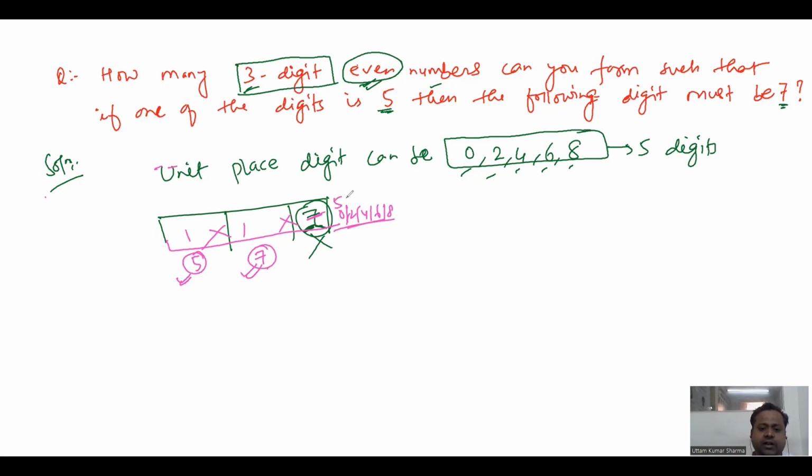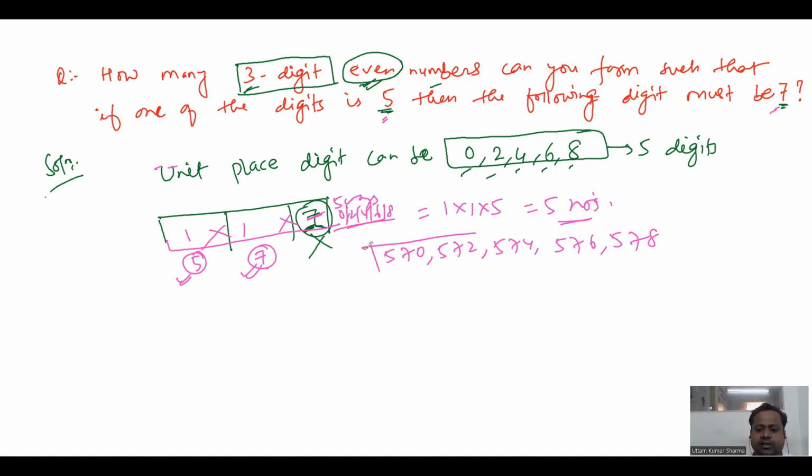So I can form 5 such numbers that are even, with 5 and 7 fixed. The numbers are 570, 572, 574, 576, or 578.